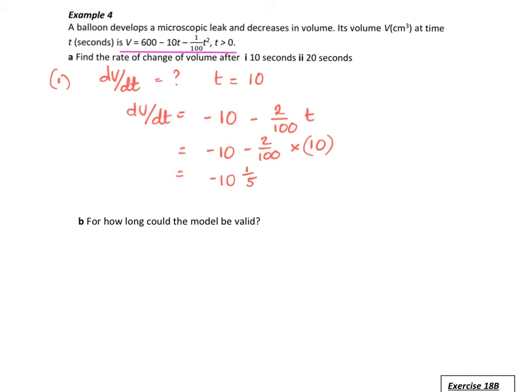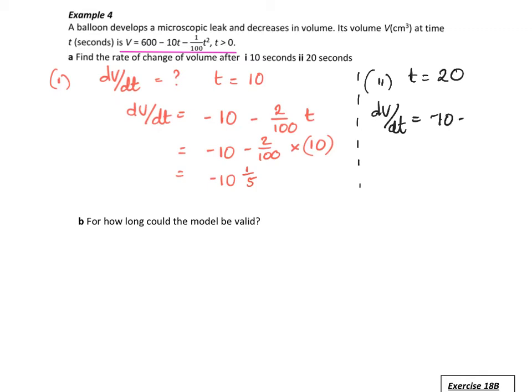The next one, we are now looking for when t is equal to 20. Now our derivative is still exactly the same. So dV/dt is still going to be negative 10 minus 2 on 100t, but this time I'm substituting in the 20.